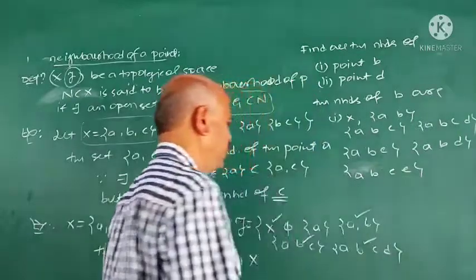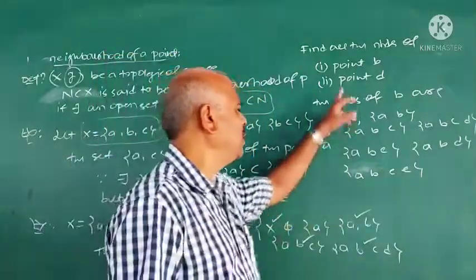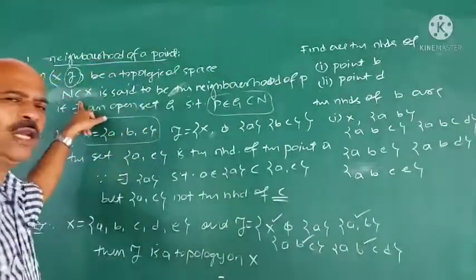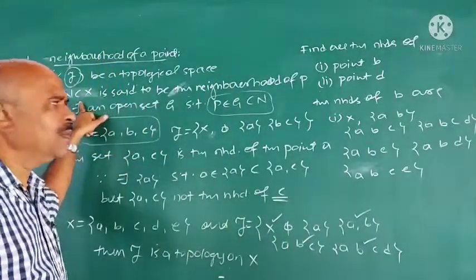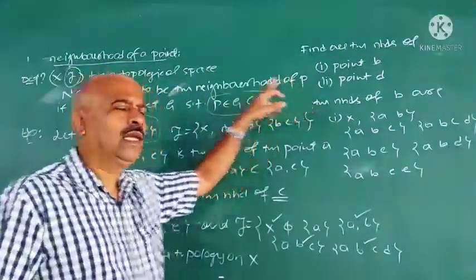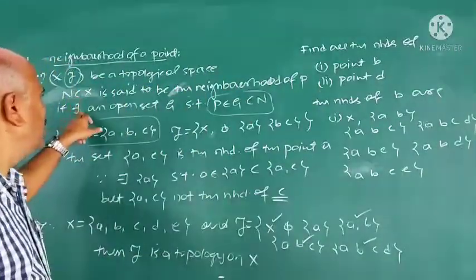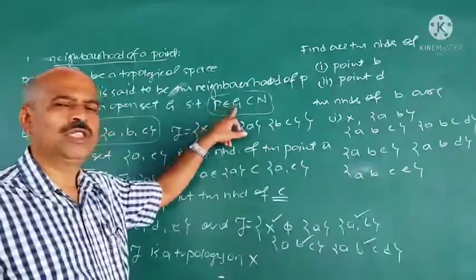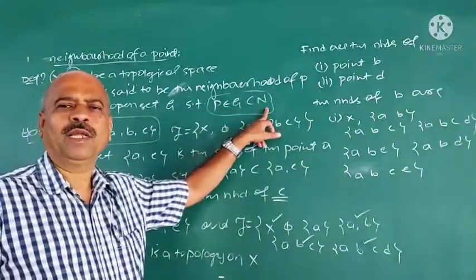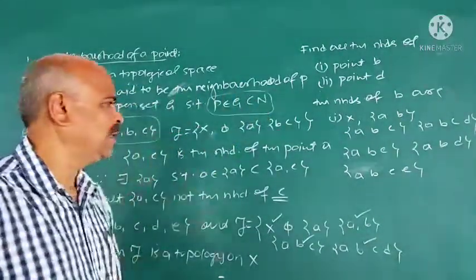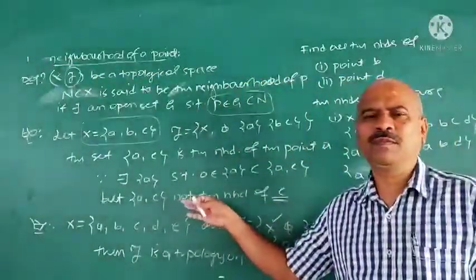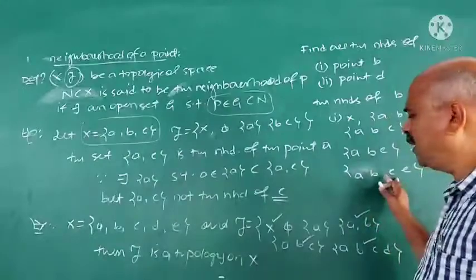ABCE. It is a neighborhood of the point B, because when do you say that a subset N of X is a neighborhood of the point B? If there exists an open set G such that B belongs to G, which is contained in N. Neighborhood is a subset of X here. Any subset of X may be a neighborhood of the point. I have taken ABCE here.